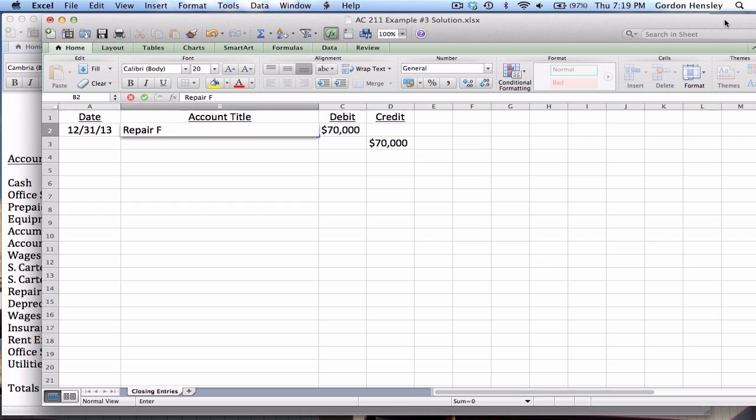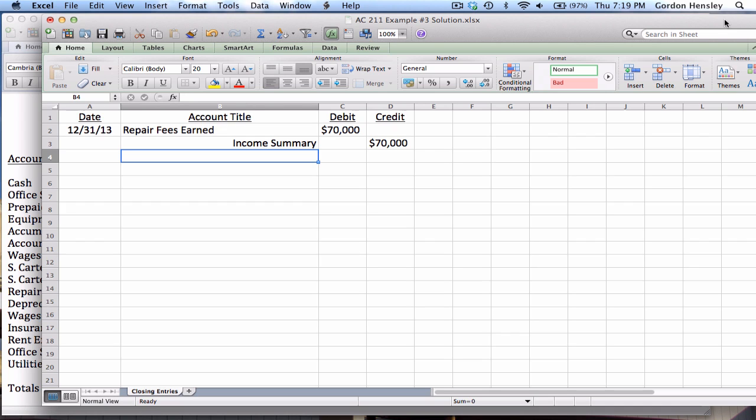Remember, it had a credit balance, so that's why I want to debit it, to remove the balance. And what am I going to close it to? Well, we always close our revenue to income summary. So if I debit repair fees earned $70,000 and credit income summary $70,000, then my revenue will be closed out.